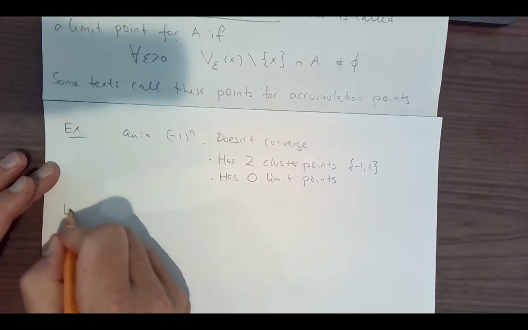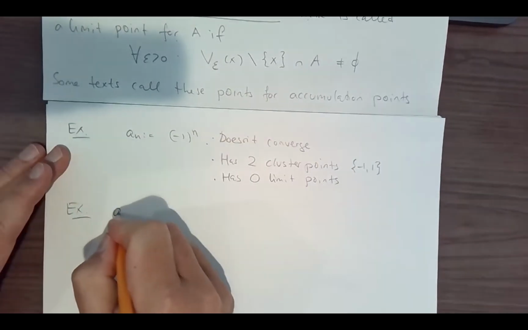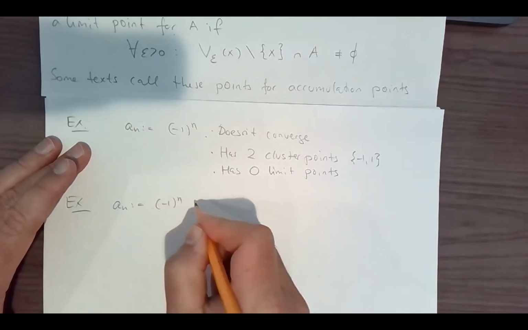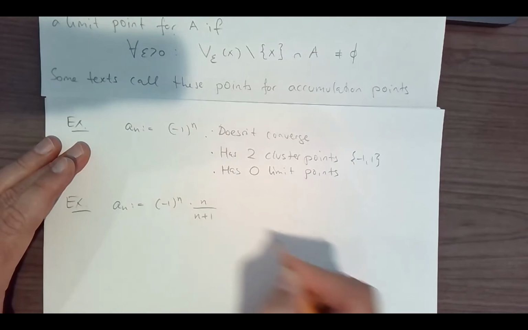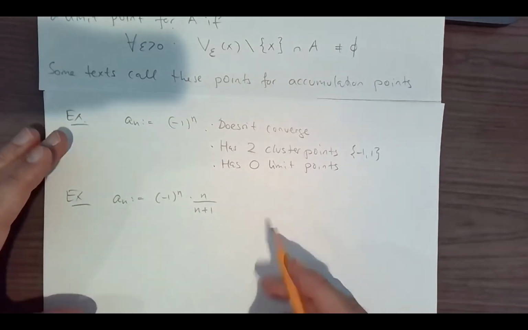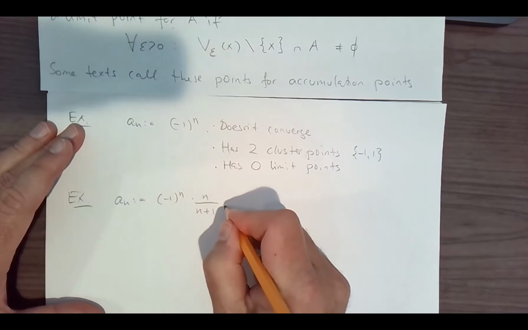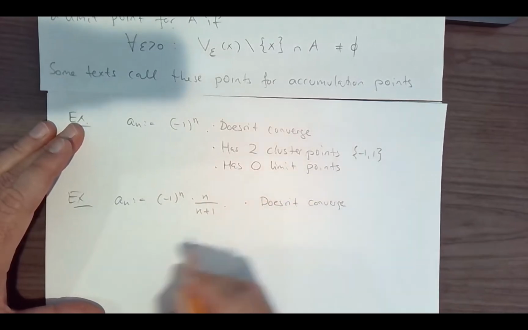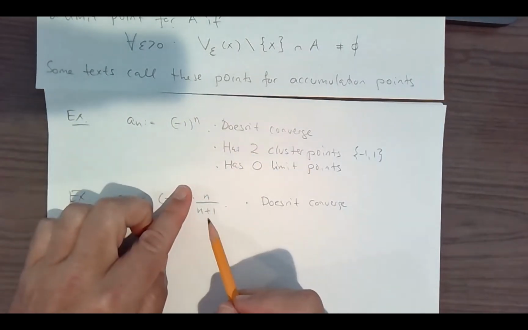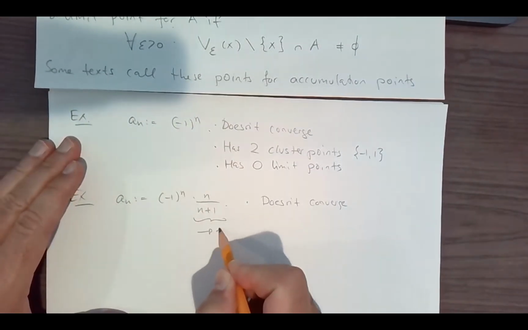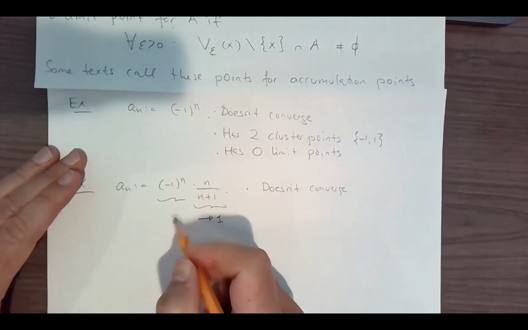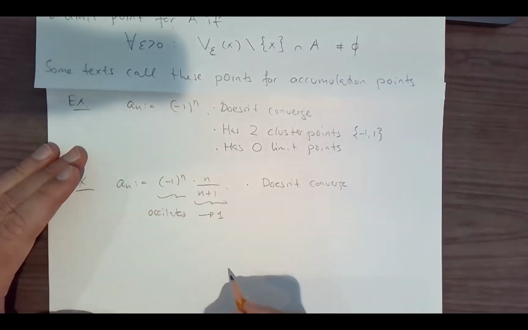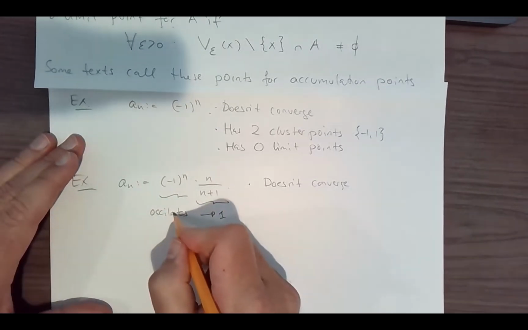We also had that one last time. If you instead looked at a_n, same structure, but let's scale it a little bit, then this sequence does not converge. This part here converges to 1, and this thing here oscillates.